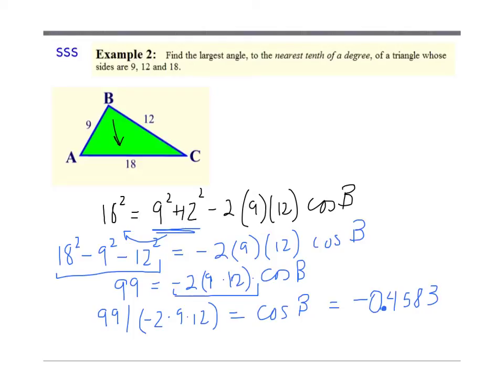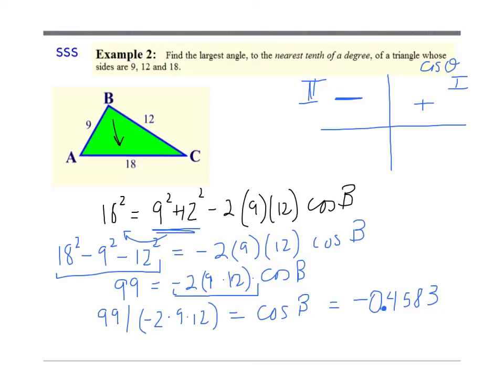Well, let's go back to the Cartesian coordinate plane and talk about cosine. Cosine in the first quadrant is positive, right? What is cosine in the second quadrant? Cosine in the second quadrant is not positive. It's negative.